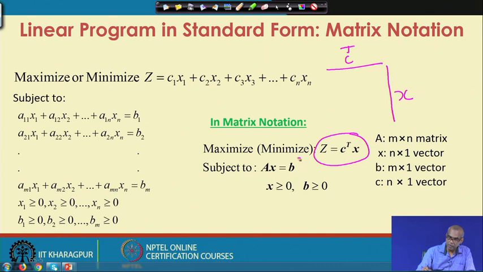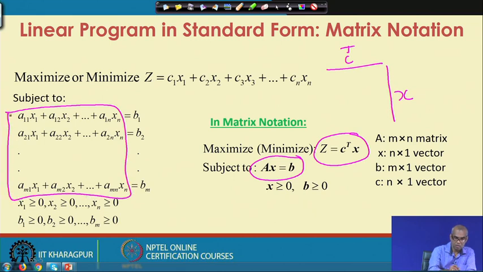Subject to Ax equal to b, where x is an n vector, A is an m cross n matrix, which comes from the left hand side part of the equality constraints. All the constraints have been written as equality constraints, and b is the right hand side part of the constraints, which will be written as non-negative.